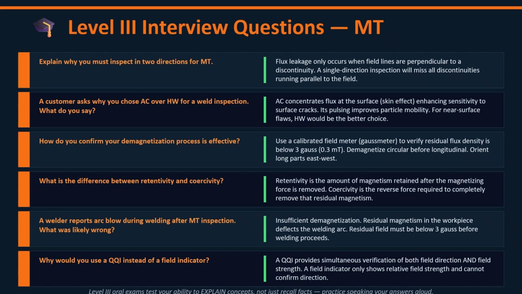Coercivity is the reverse magnetizing force needed to remove that residual magnetism. If a welder reports arc blow after MT, suspect residual magnetism and review the demagnetization process. Finally, explain the QQI as a verification tool for field direction and strength, rather than calling it simply a sensitivity gauge. A strong Level 3 candidate can explain the reason, the practical consequence, and the corrective action.